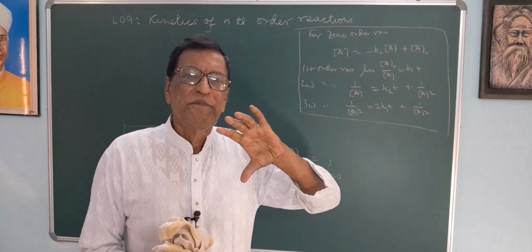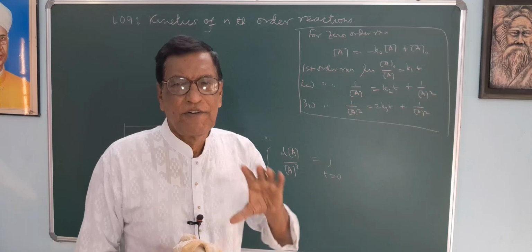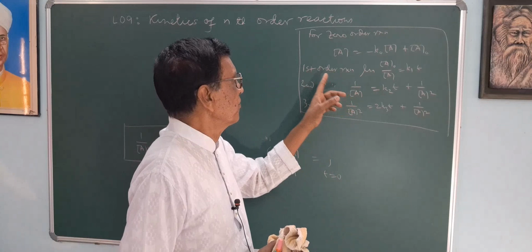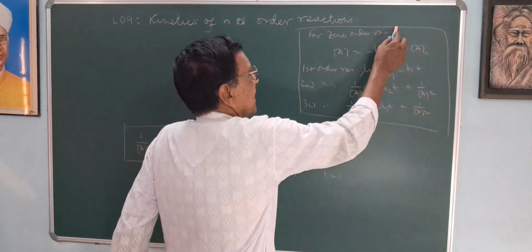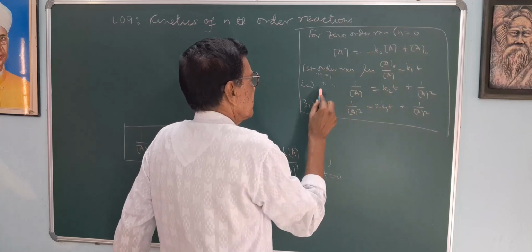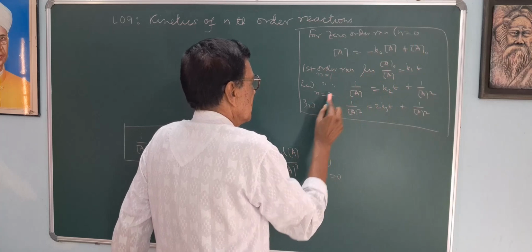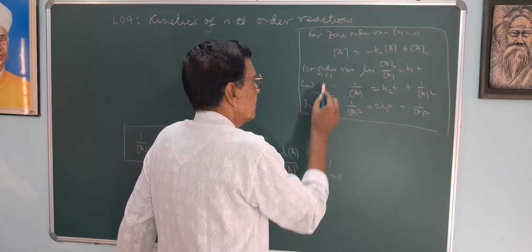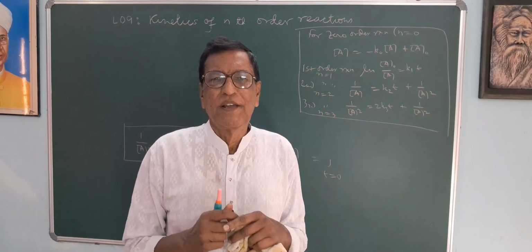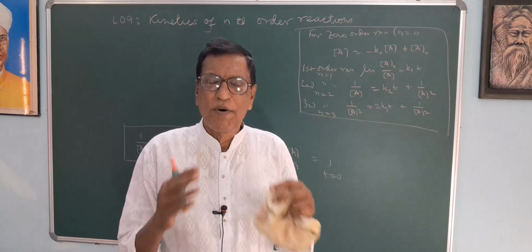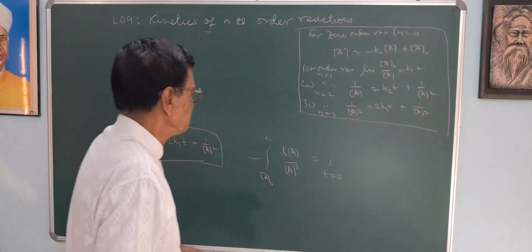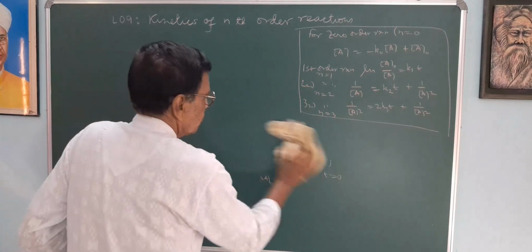First order will create some problem, as here n equal to 0, here n equal to 1, here n equal to 2, here n equal to 3, but we overcome that problem by some mathematical tricks.